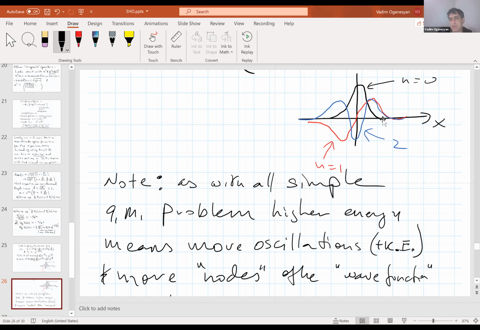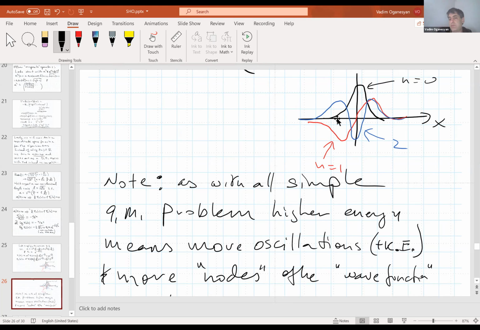It doesn't have any zeros, and the basic idea is that whenever you raise the energy, the wave function starts wiggling more. Basically because it has more kinetic energy, so it has to have more oscillations. And oscillations generally mean that it'll cross zero several times. And zeros are called nodes. Again, all this terminology was lifted from wave mechanics.